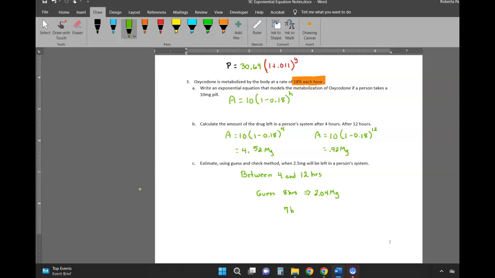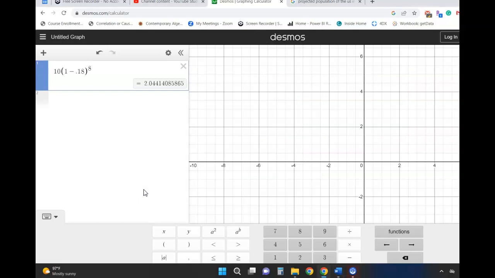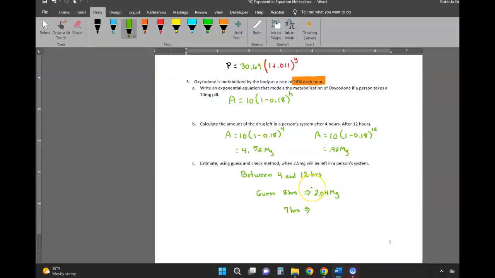So now we're going to try 7 hours. I'm just going to change my 8 to a 7, and I get 2.49 milligrams. Well, that's very close to 2.5, but let's just double check to make sure there isn't anything closer.